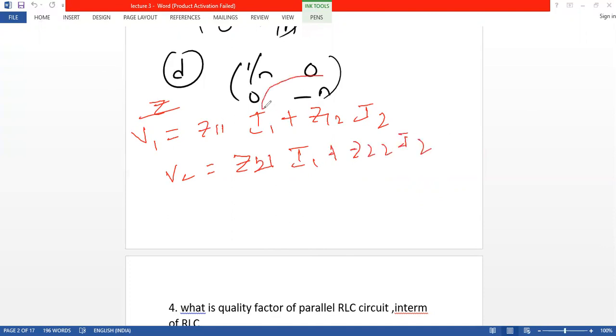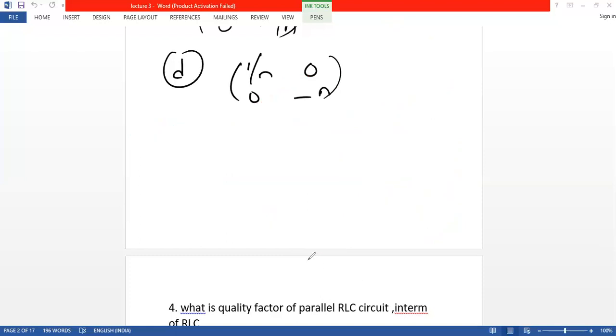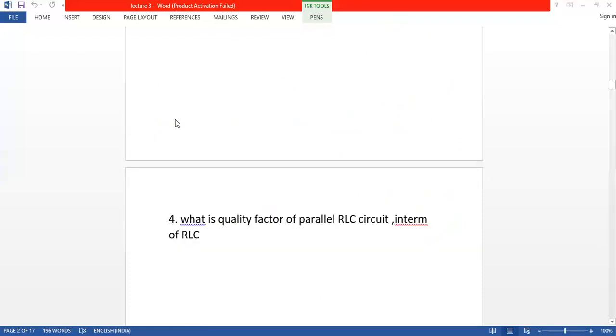Here I1 and I2, what are they? Independent. But in a transformer, you know, I1 by I2 is dependent on N. Here they are dependent, there they are independent. So we cannot write an equation of Z and Y parameters for a transformer. Hope you have understood. Now move ahead.